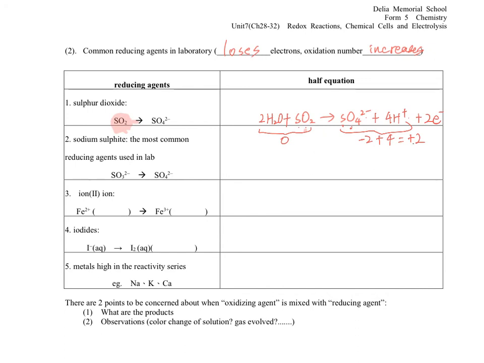So that +2 minus 2, it will be 0, which is equal to the left hand side. So here, it loses electron. That's why the electron will always be on the right. Always on the right hand side of the half ionic equation.